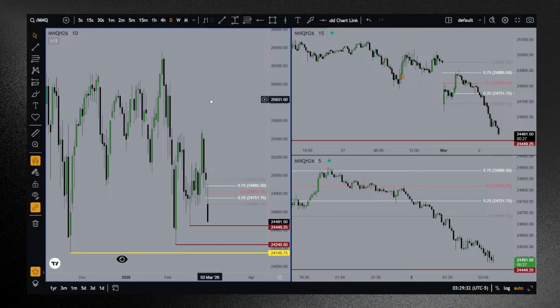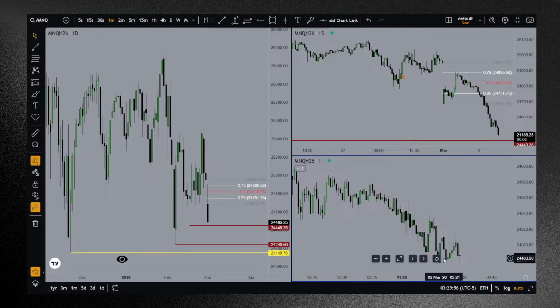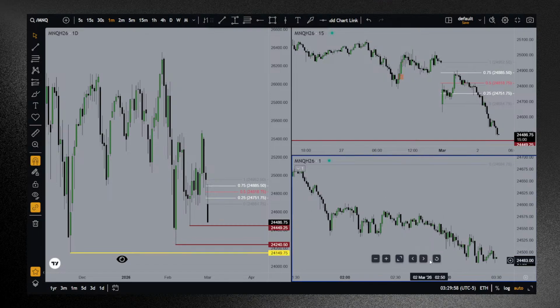Alright, so I guess I'll leave the daily chart as it is. And we just watch and monitor the 15-minute and 5-minute here, maybe switching to 1 minute from time to time, as I really want to keep in mind this perspective, the daily one.